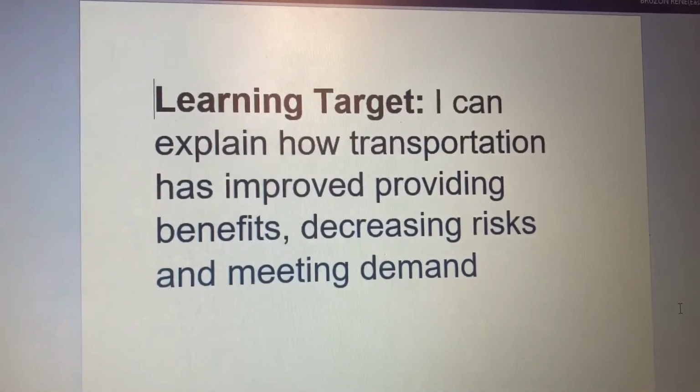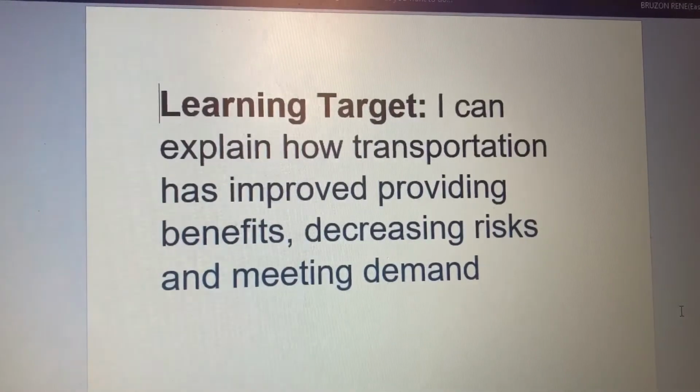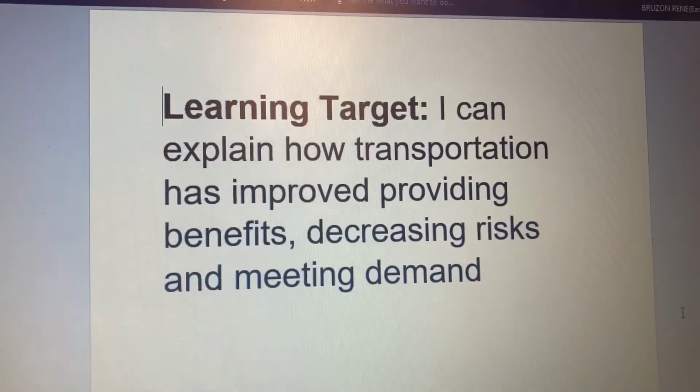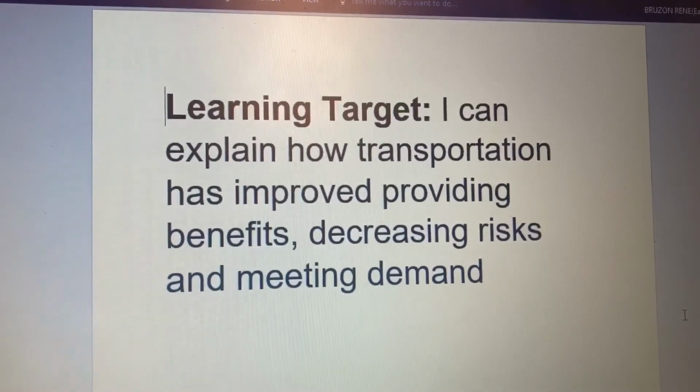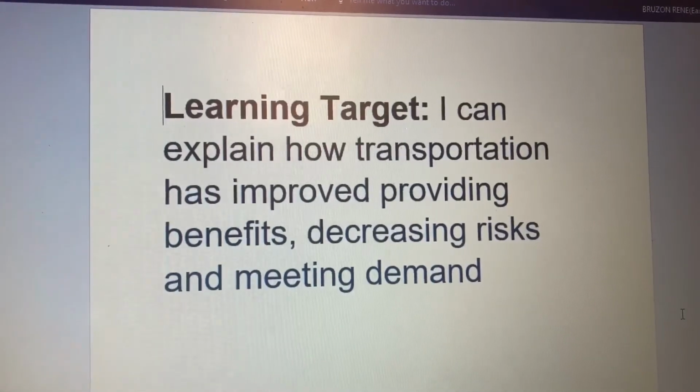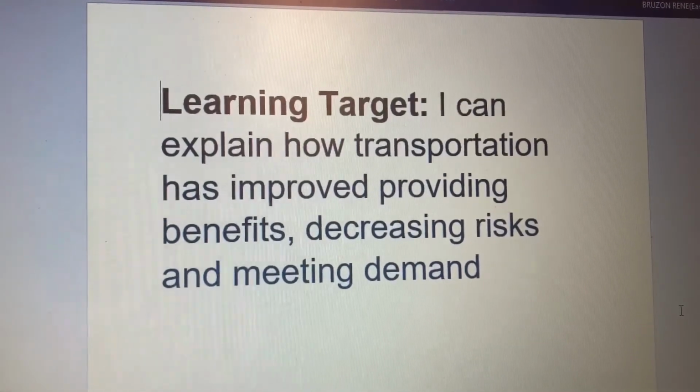We have a lot more safety features. And it has gotten actually cheaper. So you would think that the more things that are added, that would make it super expensive. But it has actually become cheaper because we are producing so many, and there are so many automobile factories, okay?